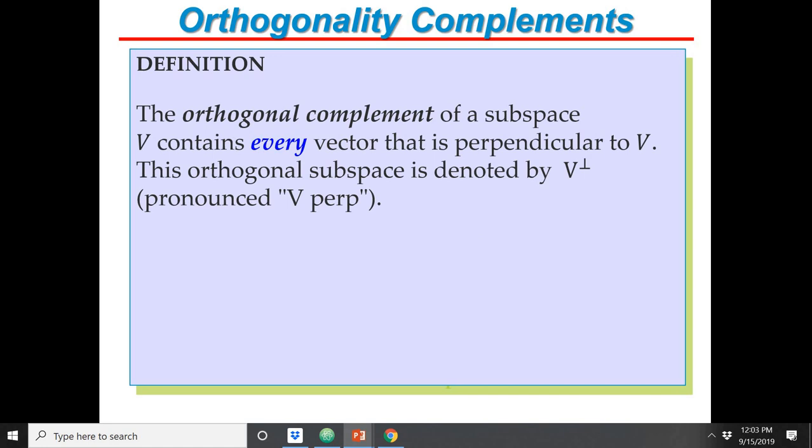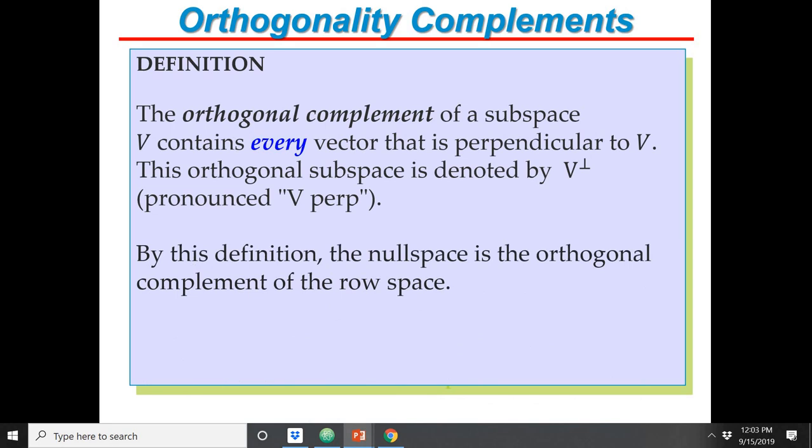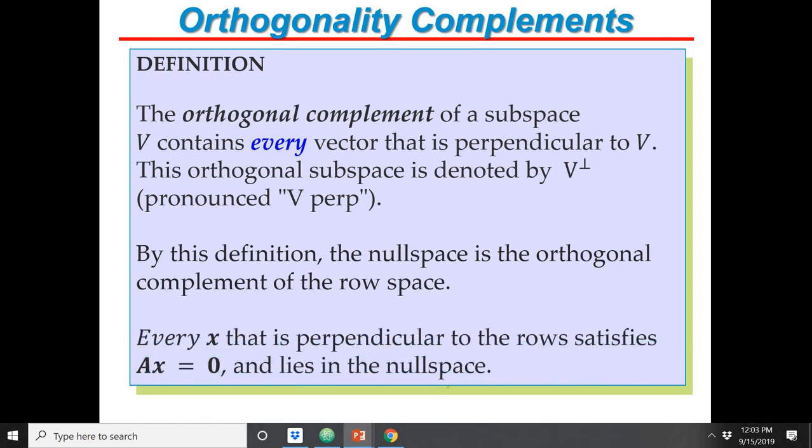So that is the orthogonal complement of a subspace V. Now with this definition, we can comfortably say that the null space is the orthogonal complement of the row space.